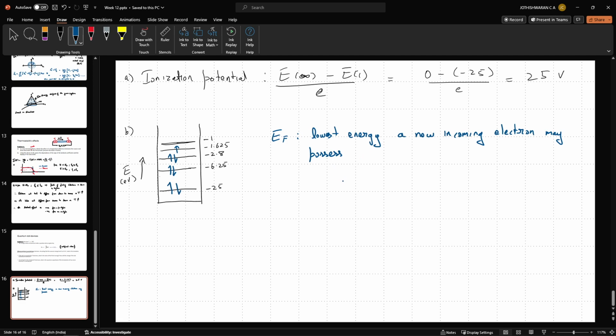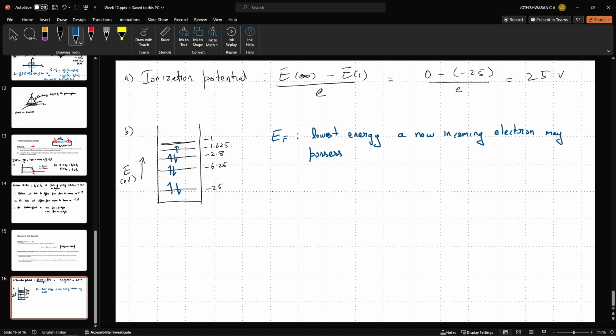This is the catch. If I want to add one more electron to the system, what is the lowest possible energy it can have? In this case, since 7 electrons are already there, I can introduce an electron at minus 1.625. That is the lowest possible energy an electron can have. Anything lower than that is unacceptable.